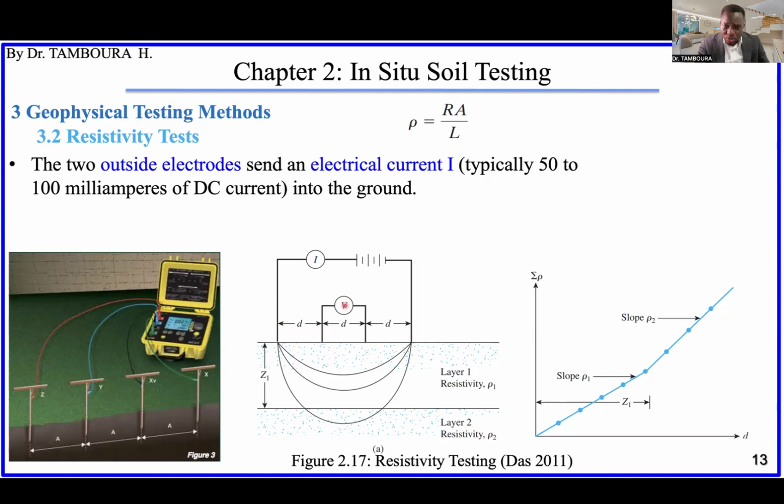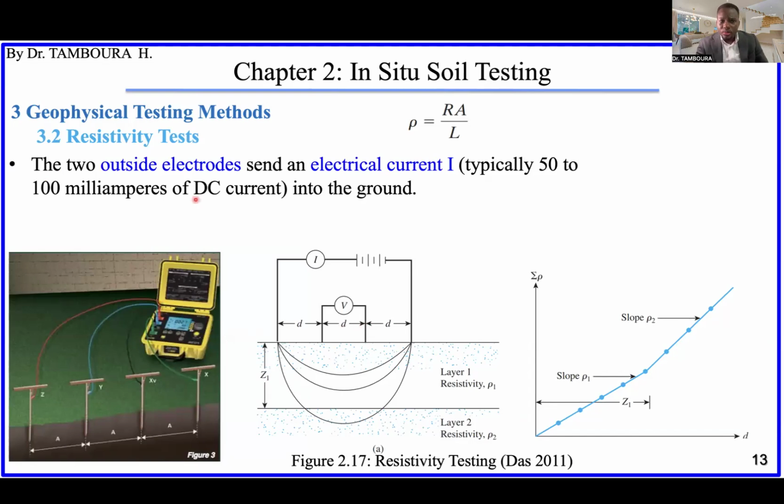The two outside electrodes, this one and this one, the green one and red one here, you see? It's very important to keep the same distance. You can see here d, d, d between the four electrodes, okay?